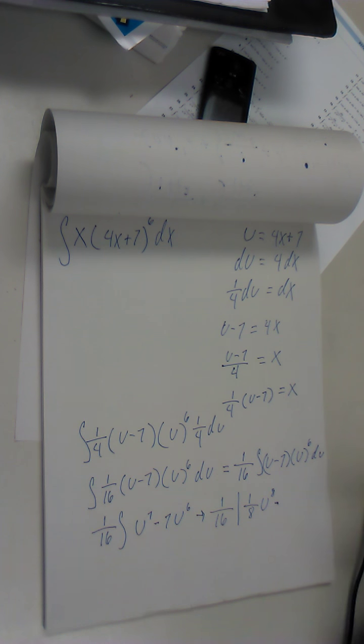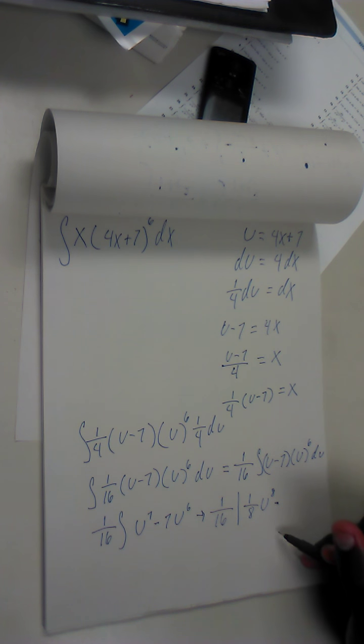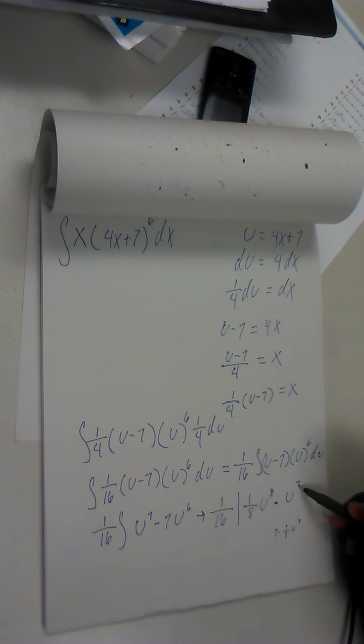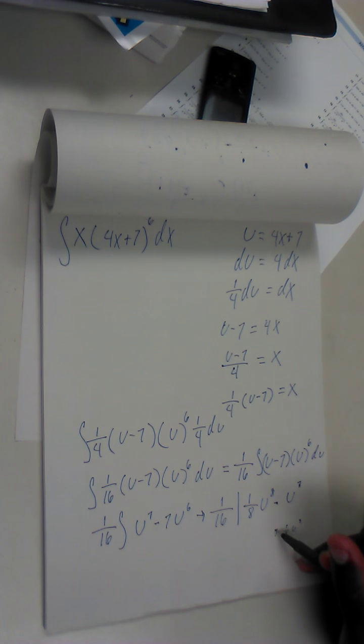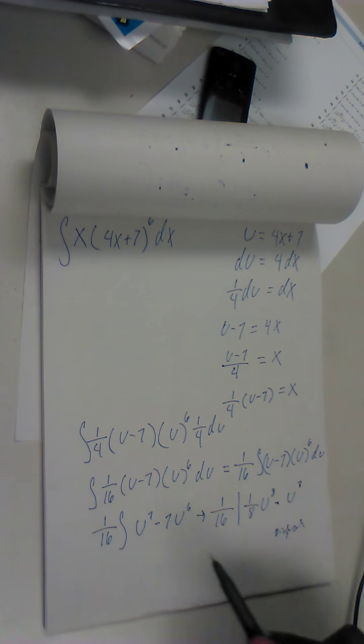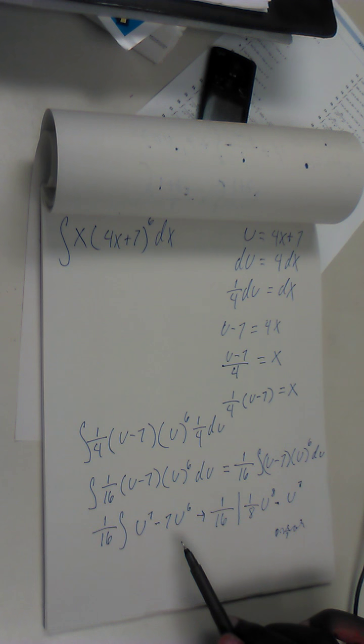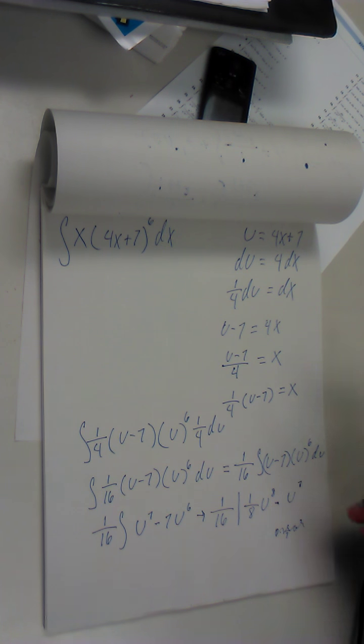So in this case, 7 times 1/7 u to the 7th is just u to the 7th. Right, I had to think about that one for a minute. But you can see if we take the derivative of u to the 7, it's 7u to the 6th. So that makes sense.